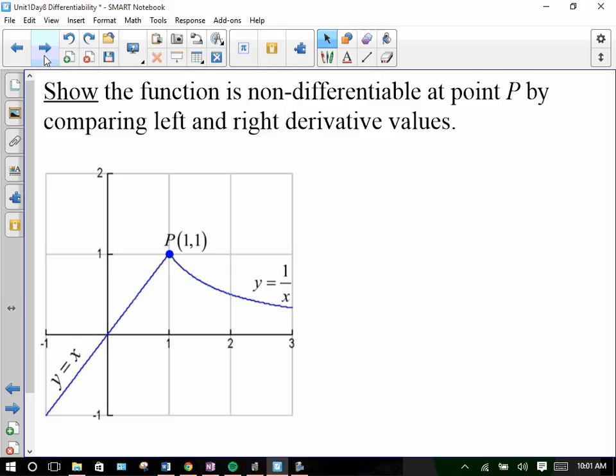So we want to show this is not differentiable. To show it's not differentiable, first of all, is this continuous? What are the two things that must be true in order for it to be differentiable?